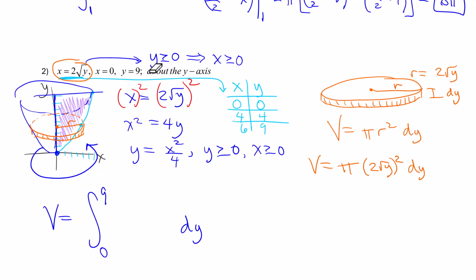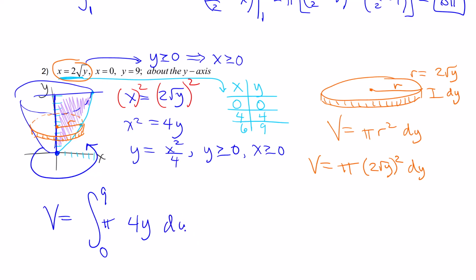So those are going to be our bounds of integration, 0 to 9. And then the function that we just created for the volume of one disk is going to go inside our integral. So we'll have pi, and if we square 2 square root of y, we'll get 4y out of that, to simplify it. And then we have dy.